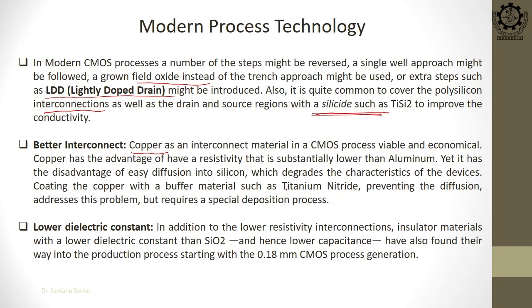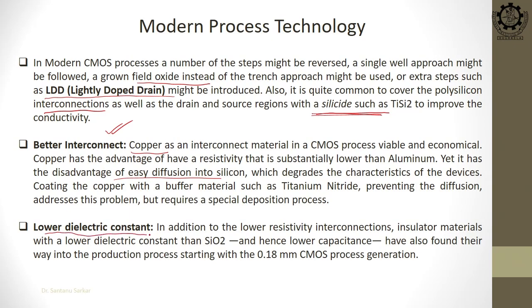These copper lines are coated with certain materials to stop the easy diffusion into the silicon. Okay. So, this better interconnect reduces the resistivity and your overall performance is improved.